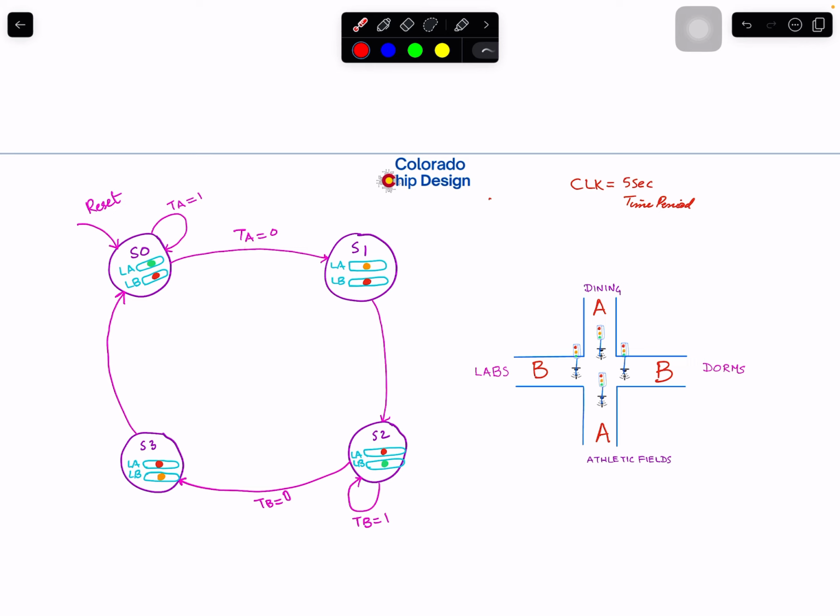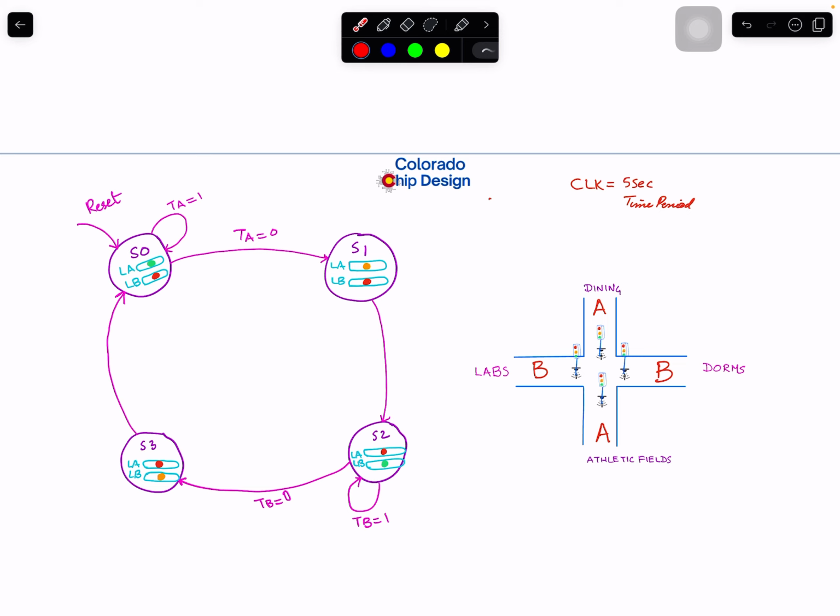The clock is 5 seconds. What we do is, we make this yellow, and this is still red. We are just turning this yellow, as you understand how a traffic light works. Then after staying in this for 1 clock cycle, we're not checking anything. You see that there's no signal here. All we do is stay 1 cycle, then move to state 2.